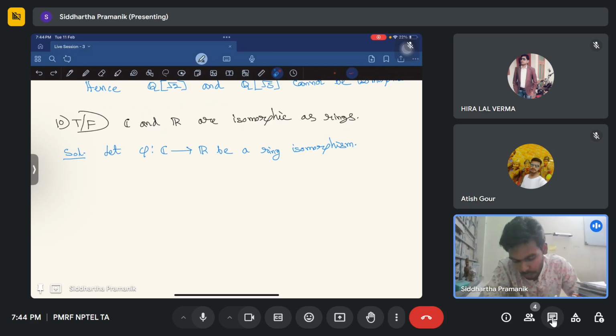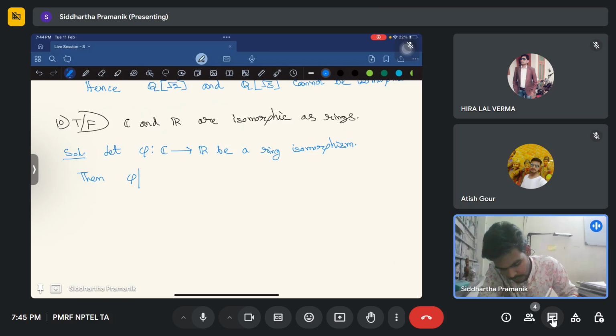And a ring homomorphism maps units to units. So then phi restricted to the group of all units of C to the group of all units of R is a group homomorphism.